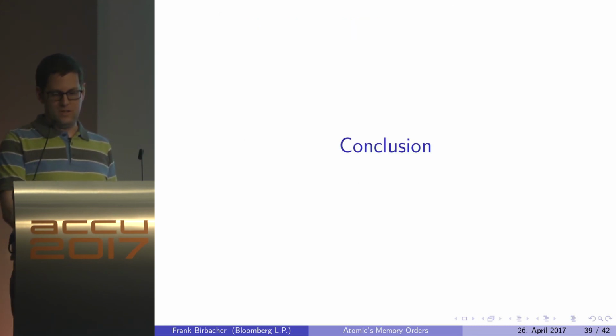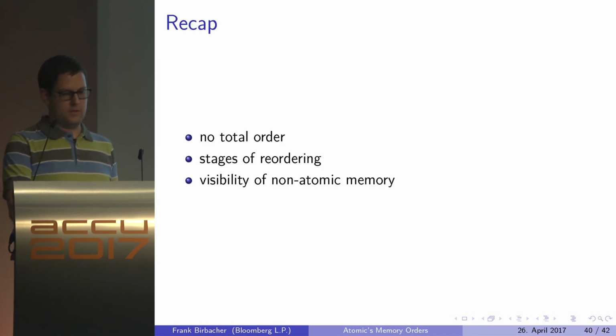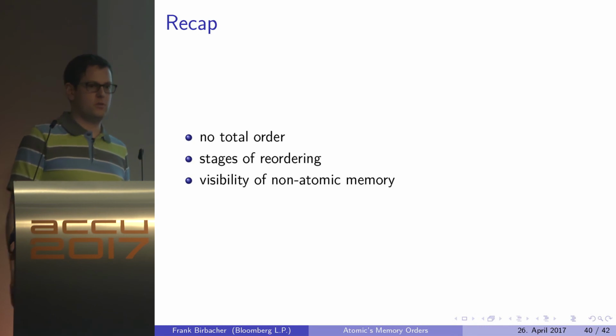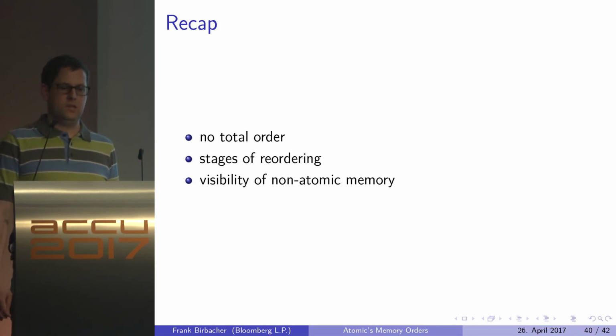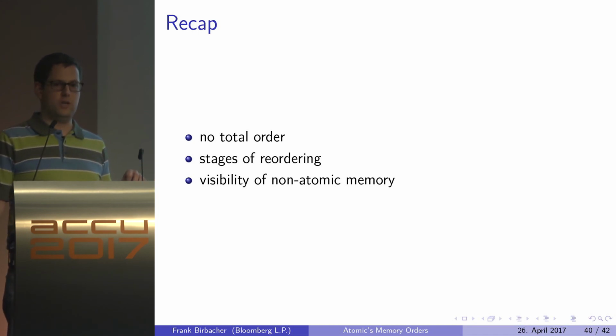Cool. Then, to recap this, what have we seen? There's no unique total order across all the atomics, because we still want the parts of the program to be independent if they operate on different atomics. So only per atomic there's a total order. And the memory order we apply on operations of each atomic is going to influence the reordering and optimization at various stages of program execution.